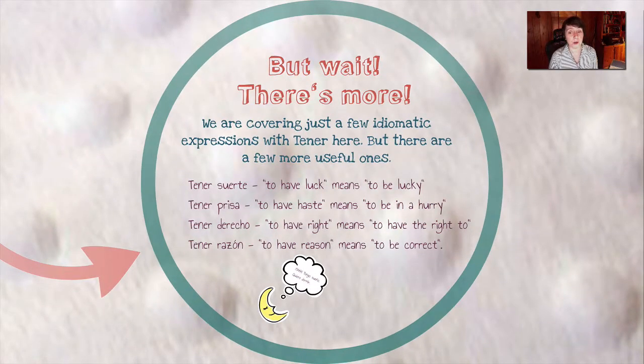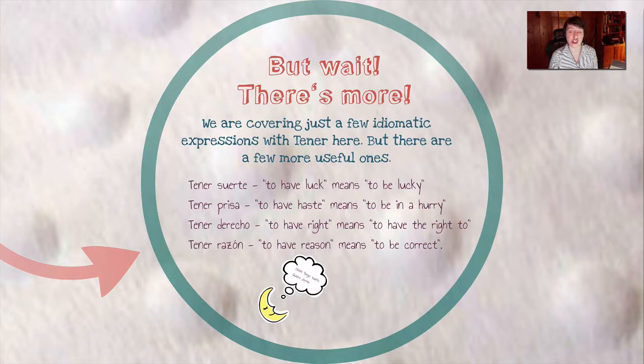But there's still more. We're just covering a few idiomatic expressions with tener in this presentation, but there are yet more useful ones. So let's look at four more. Repita por favor. Tengo suerte. Tengo prisa.